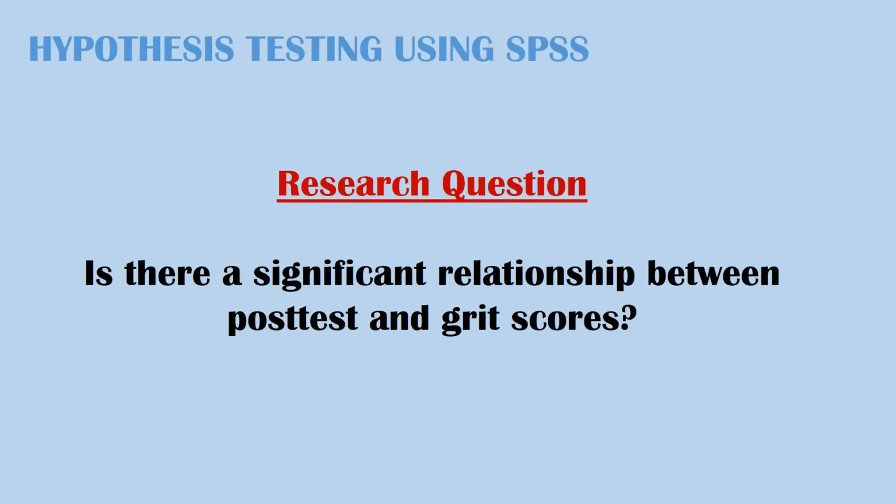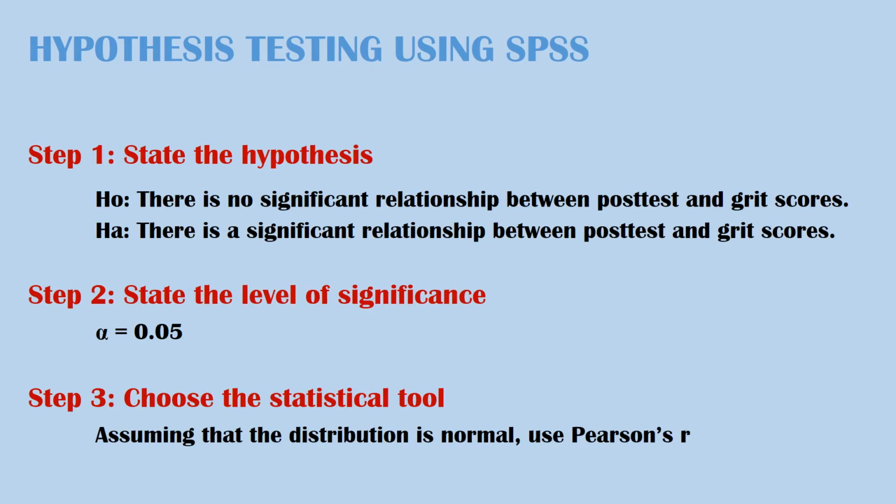Next, let's start testing our hypothesis using SPSS. Our research question is, is there a significant relationship between post-test and grade scores? There are 5 steps to test this hypothesis. Step 1, first, we have to state the hypothesis.